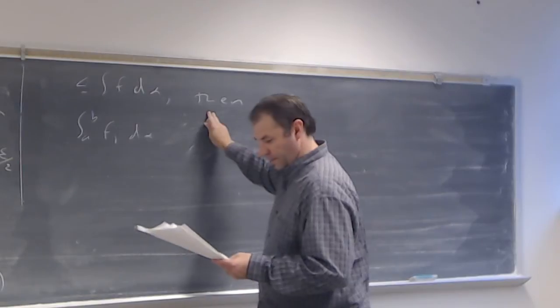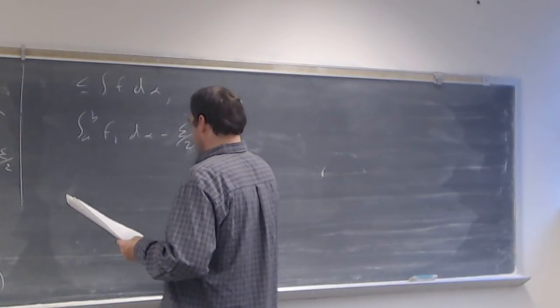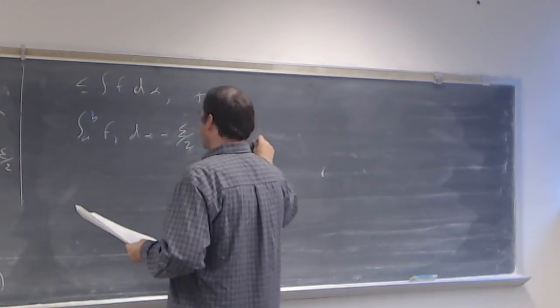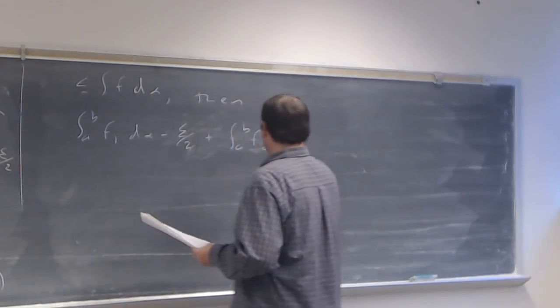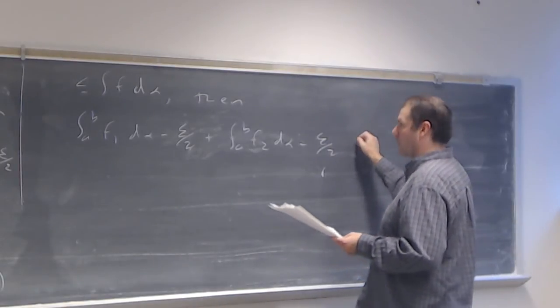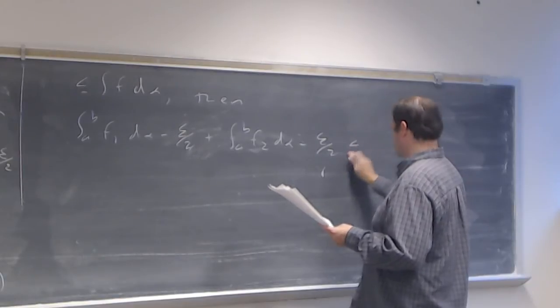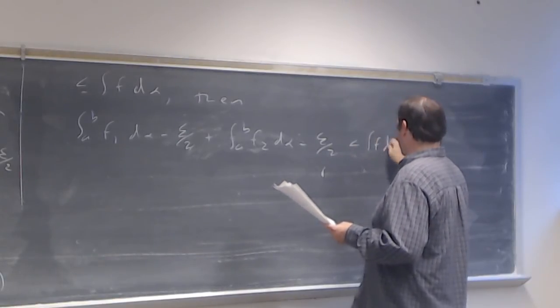Then this got minus epsilon over 2 plus this integral from A to B of f sub 2 d alpha minus epsilon over 2. That's what should be said, so I'm making replacements here. Will be less than or equal to, or just less than, the integral of f d alpha.